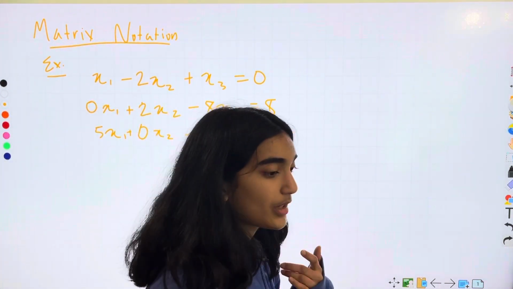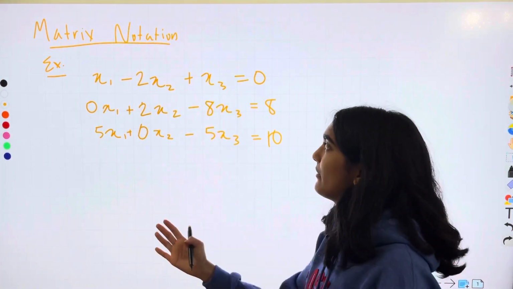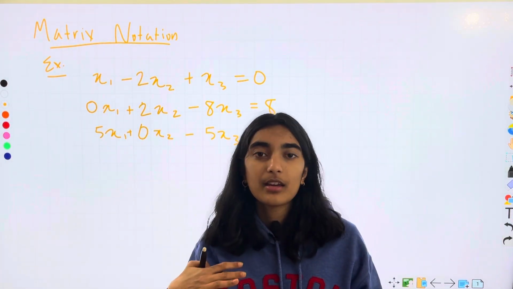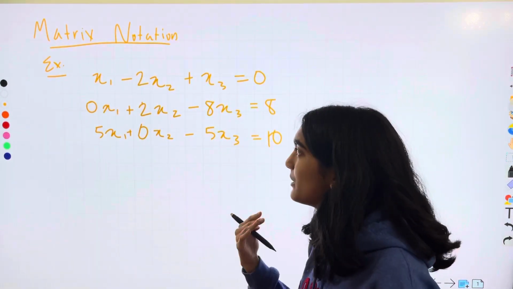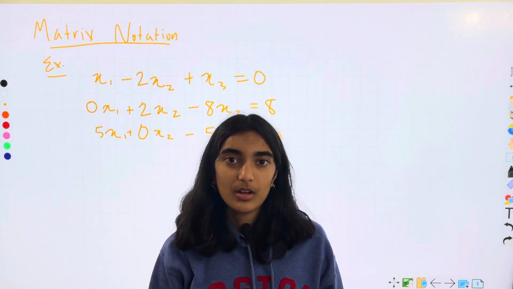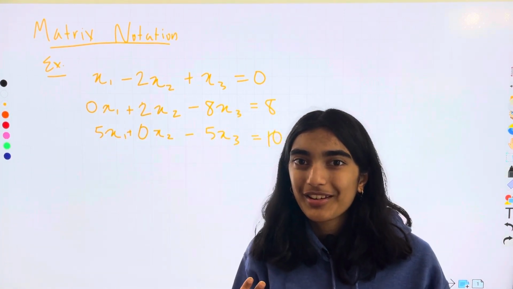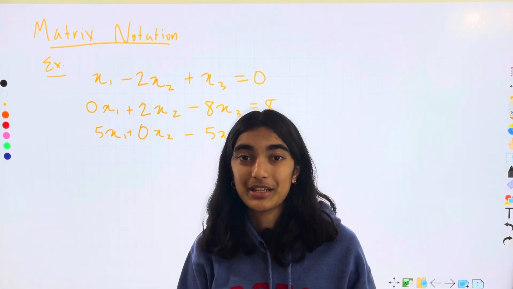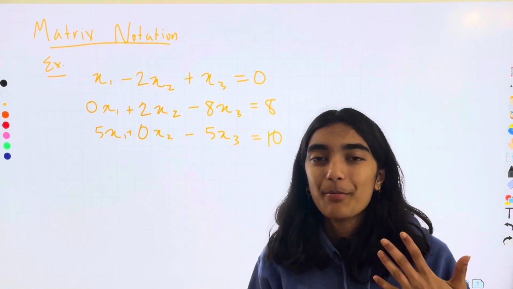Now imagine that we had not 3 equations but 100 equations, and we were trying to solve them. Solving 100 equations is hard enough even using an easier method, which we'll introduce later.